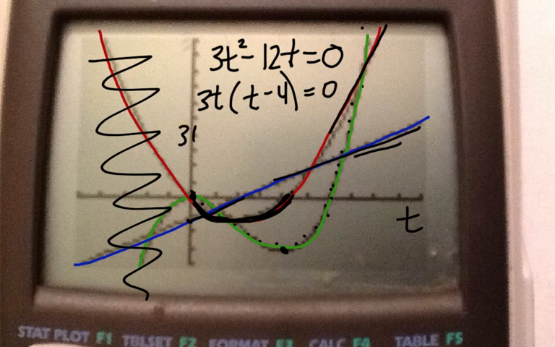So 3t equals 0, or t minus 4 equals 0. So I have t equals 0, or t equals 4. And if we were to get any negative times in here, we would throw them out because we're only working from 0 on. So the particle is stopped initially at the time t equals 0, and again at the time t equals 4. That's where the particle is stopped.